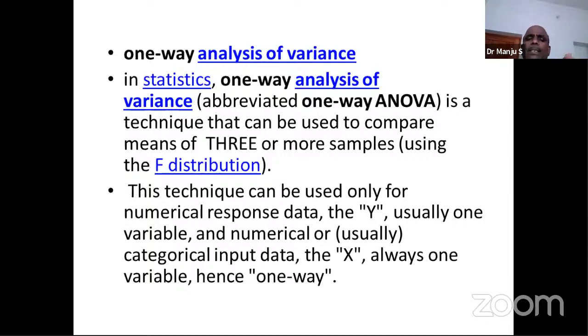Employees may say something, supervisors may say something else, and HR heads may say something else. So we can use this kind of test, the one-way ANOVA test, to know the significant difference in the mean scores. Once again, it compares mean scores of the groups.